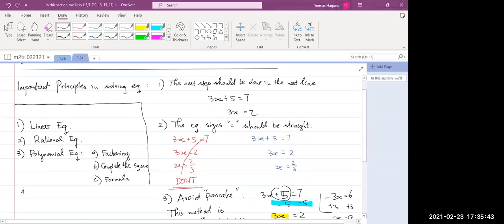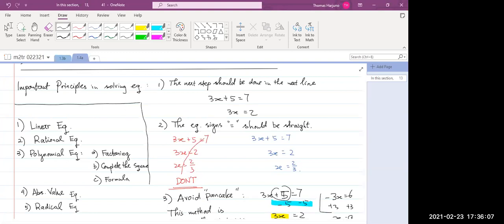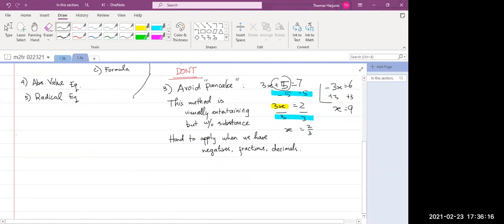We also have absolute value equation, and then radical equation. Today I will cover the basic parts of all of this, and then on Thursday I will go over the topics on the more difficult case, but still solving equations, very likely not in our textbook. Now let's start with linear equation first.